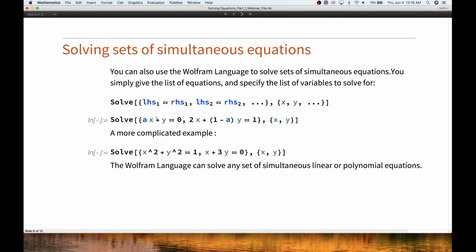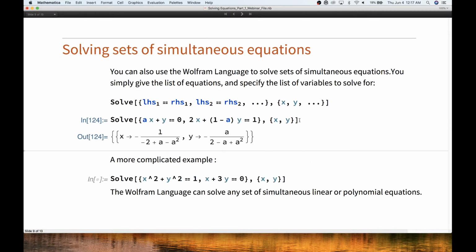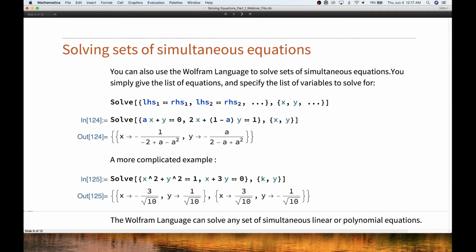So for example, solve a x plus y is equal to 0, 2x plus y is equal to 0, and you can solve this using the Solve function. A more complicated example can be this one. All you have to do is just give the equations in a list and let Mathematica know the variables you need to solve for.